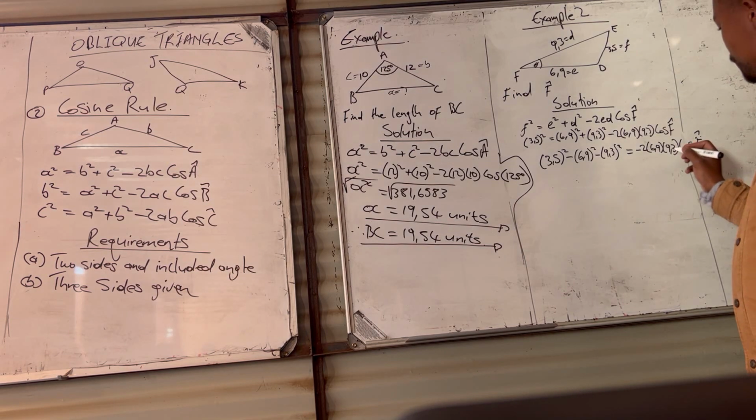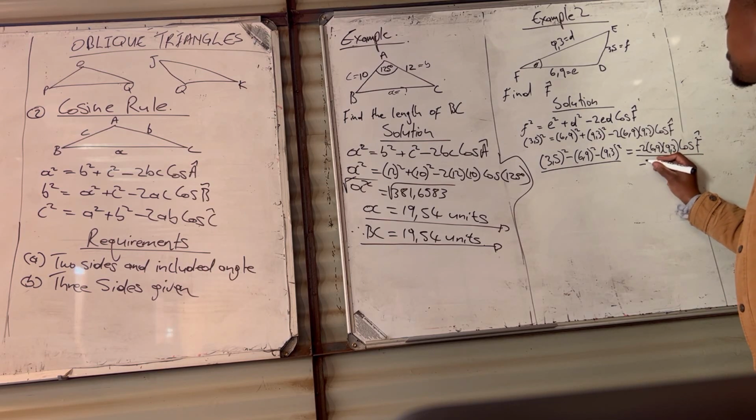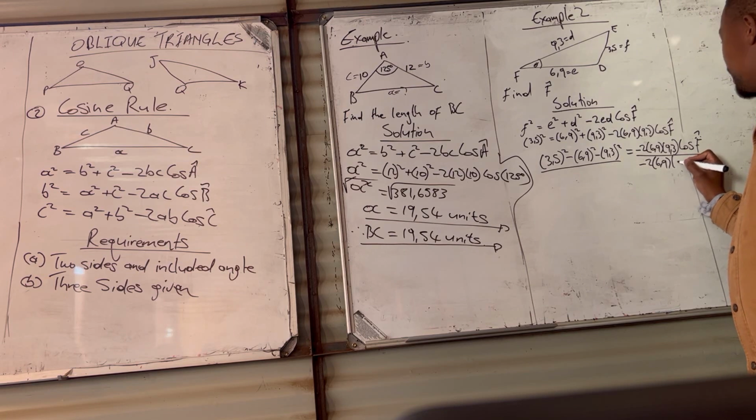We divide both sides by negative 2 into 6,9 into 9,3.